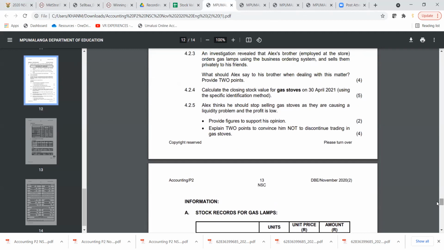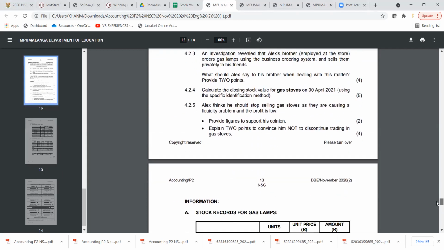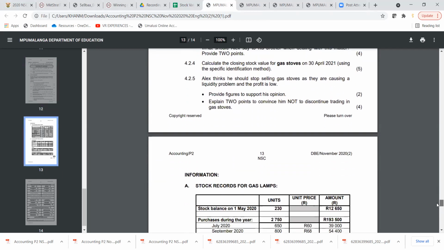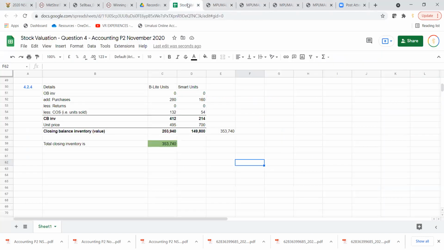4.2.5. So they say Alex thinks he should stop selling gas stoves as they are causing a liquidity problem and the profit is low. Okay, so provide figures to support his opinion. Okay, so what you can show him is the following. 4.2.5, he is correct. Alex is correct.